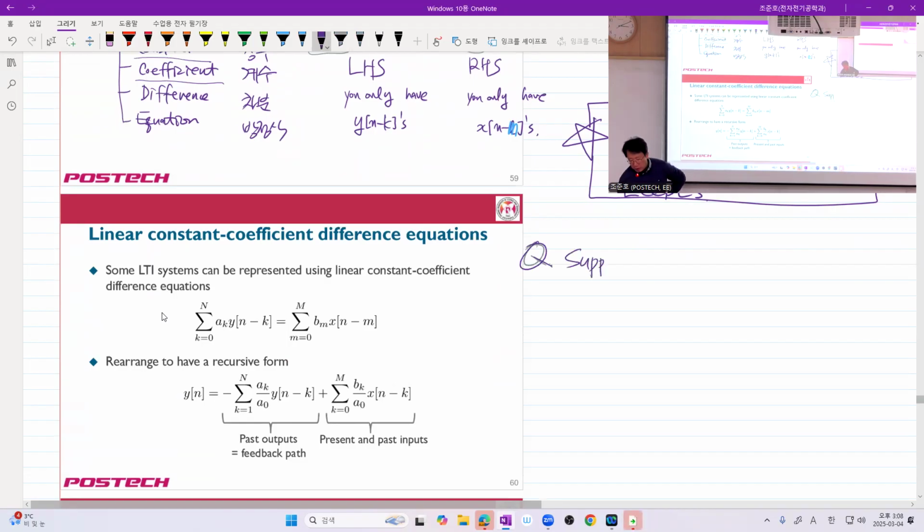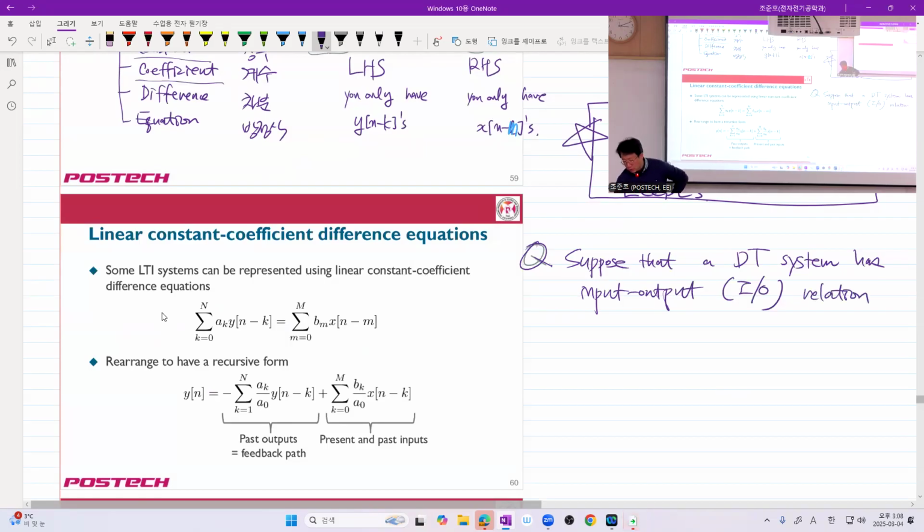Suppose a DT system has an input-output relation, let me briefly write the I/O relation, given by an LCCDE. Now here goes the question. Is this DT system linear?